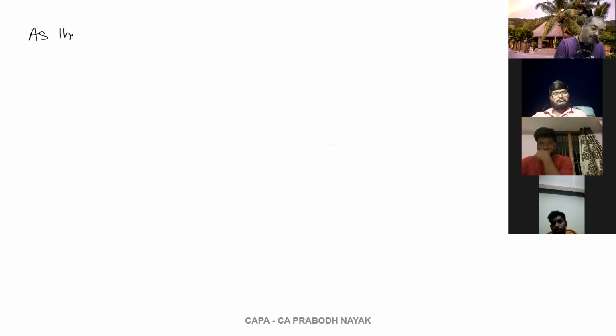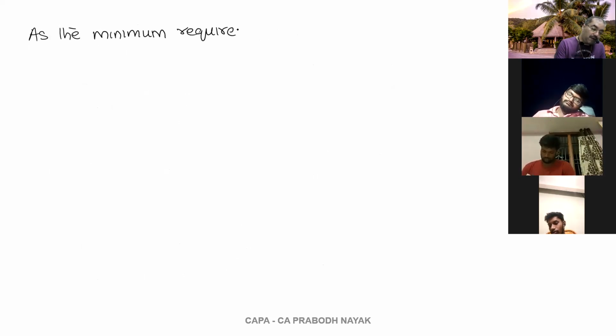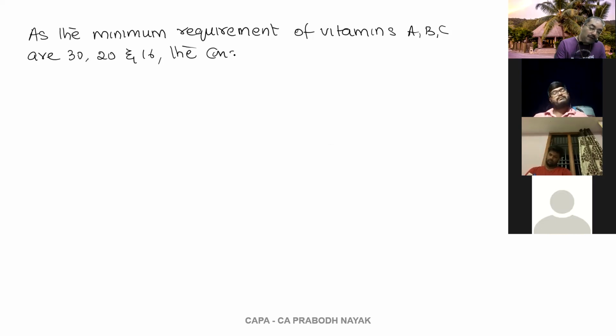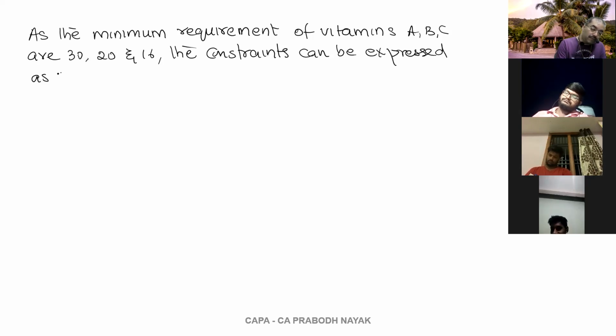As the minimum requirement of vitamins A, B, and C are 30, 20, and 16, the constraints can be expressed as follows. Constraint functions.